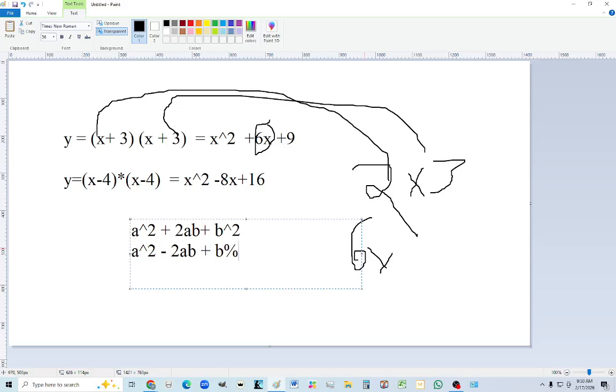The reason it's always plus b squared is because a negative squared becomes a positive. The minus 4 times itself becomes positive 16. So this is always positive, and this is always positive, but this middle term is negative if we're dealing with the negative 4 here, and it's positive if we're dealing with something like the plus 3 here.